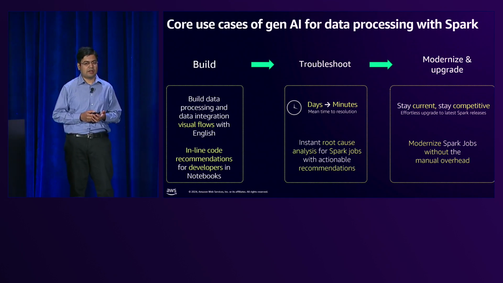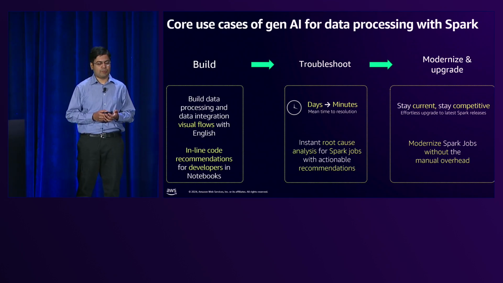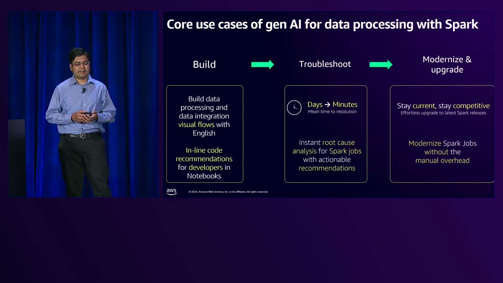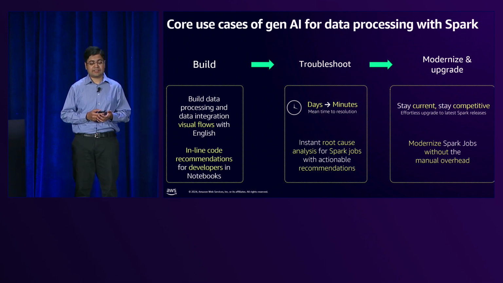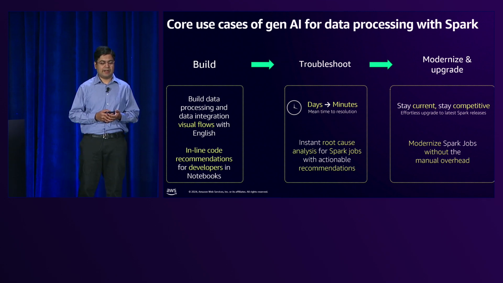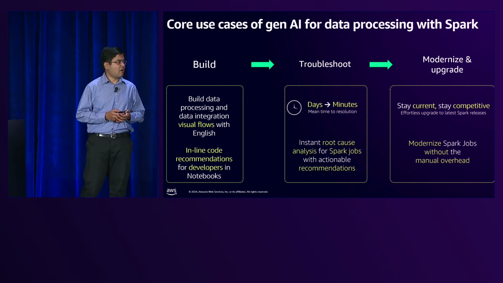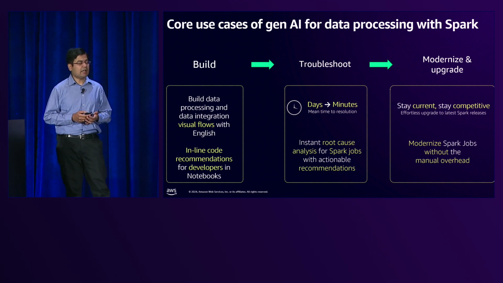It brings down the mean time to resolution from days to minutes. The final capability is to modernize and upgrade, simplifying that lifecycle of the applications so that customers can stay current and competitive with the latest versions of Spark, and they don't lag behind their update cycles. All this is done through automating these different phases of the lifecycle of the application using GenAI.